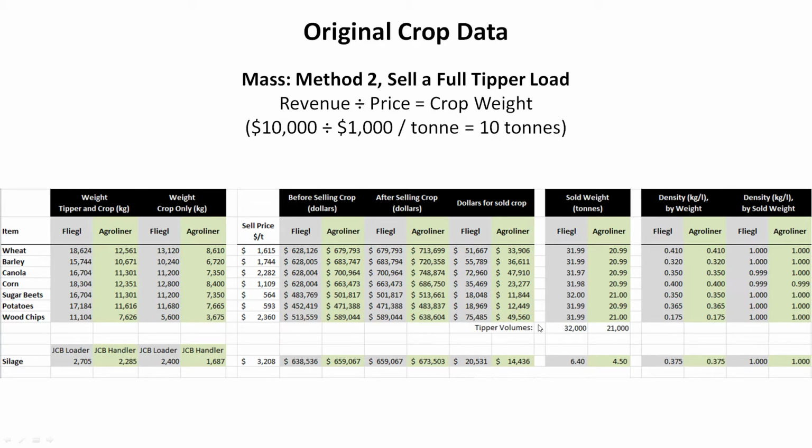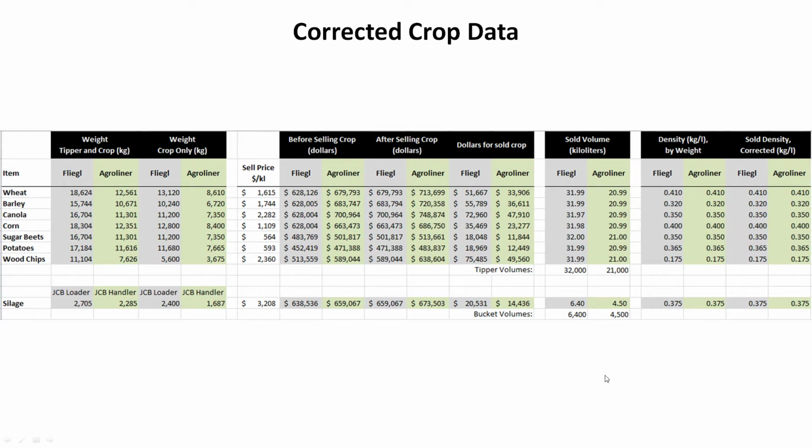Let's look at the volumes, the tipper volumes here. The Flegel holds 32,000 liters. Wait a minute. Agroliner 21,000 liters, 21. The buckets, 6,400 liters, 4,500 liters. Something smells fishy. So guess what's actually going on? This is not weight.